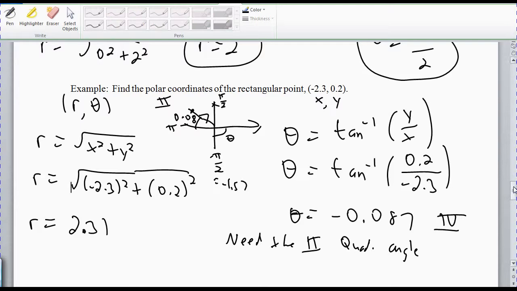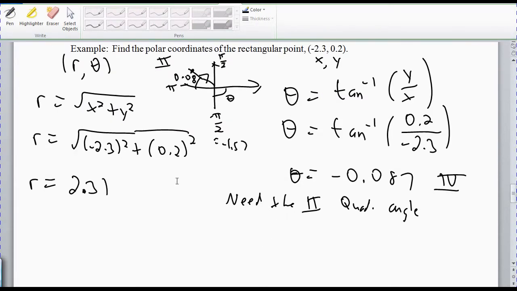So our actual theta, or in other words, our second quadrant angle, is going to be pi minus 0.087. Let's take out our calculator.